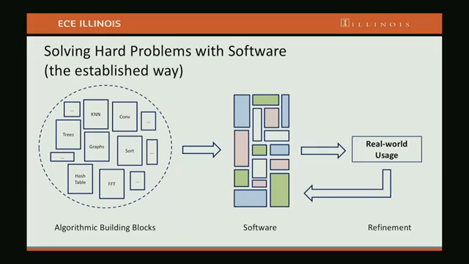The idea is that, as a software developer, we have all these building blocks. We teach you about them in courses. You learn about them in your own projects. You'll continue to learn about them throughout your career. Things like hash tables and sorting and graphs and trees and FFTs and so on.